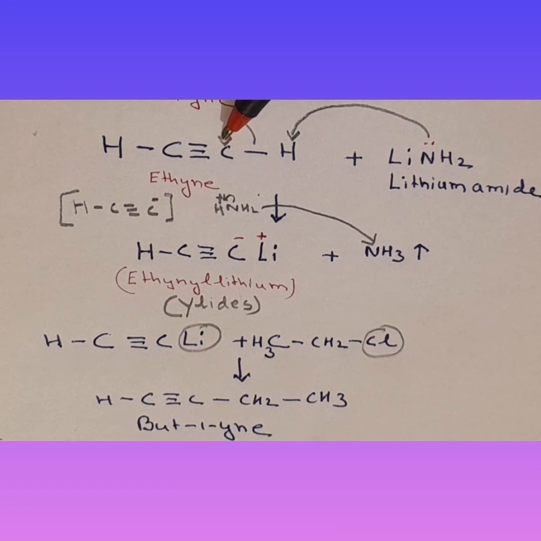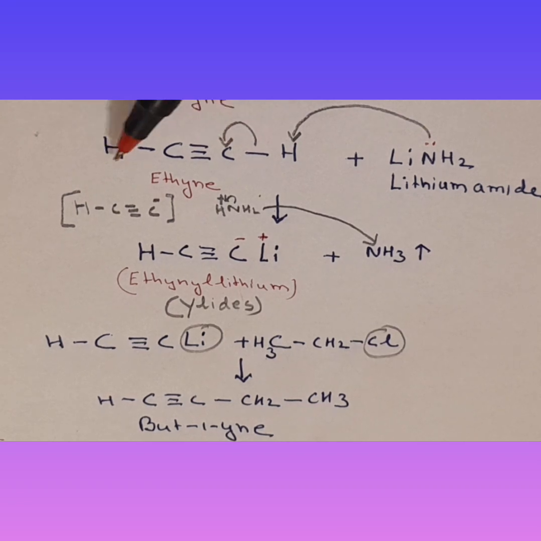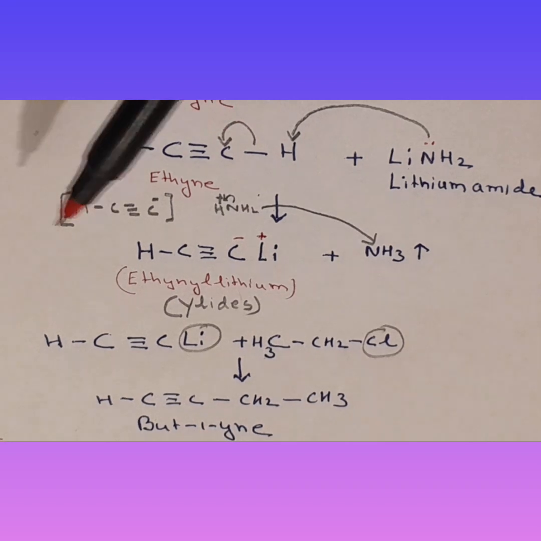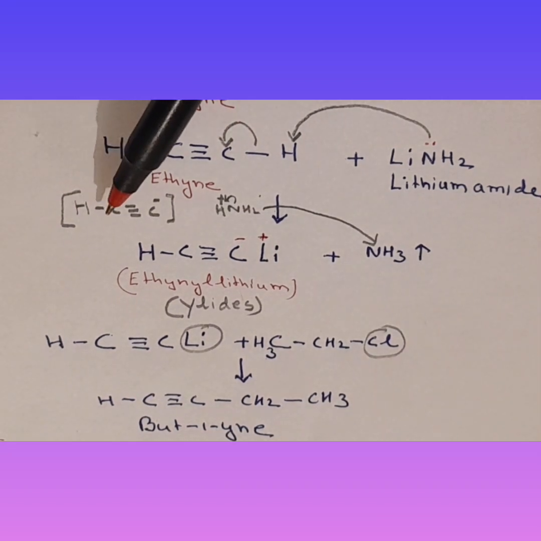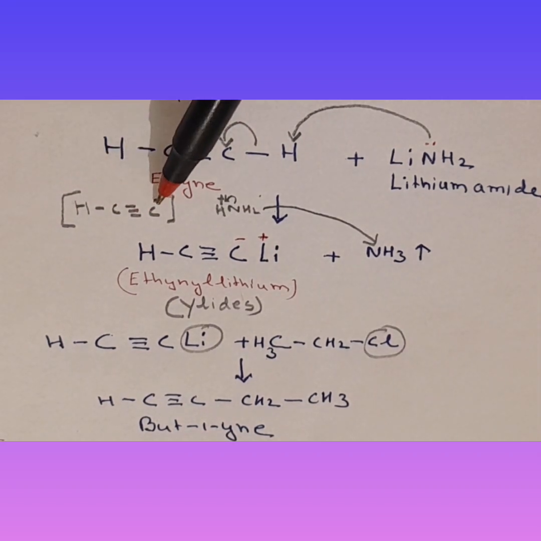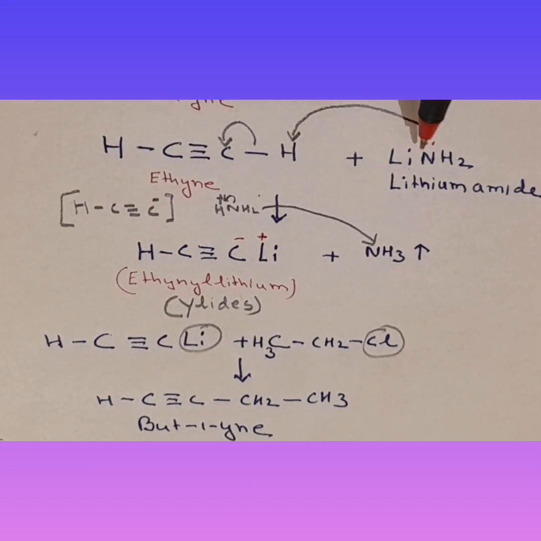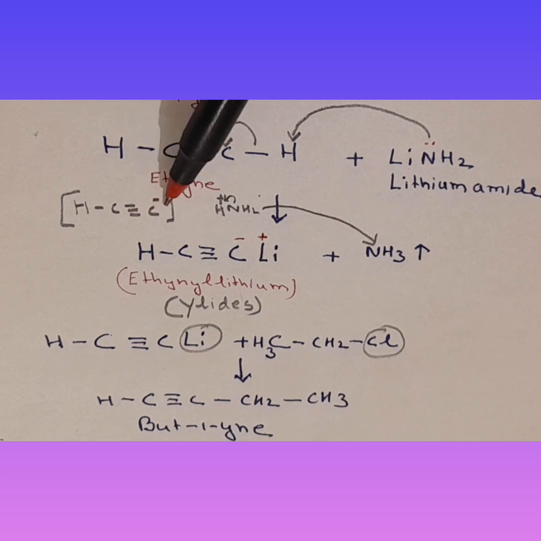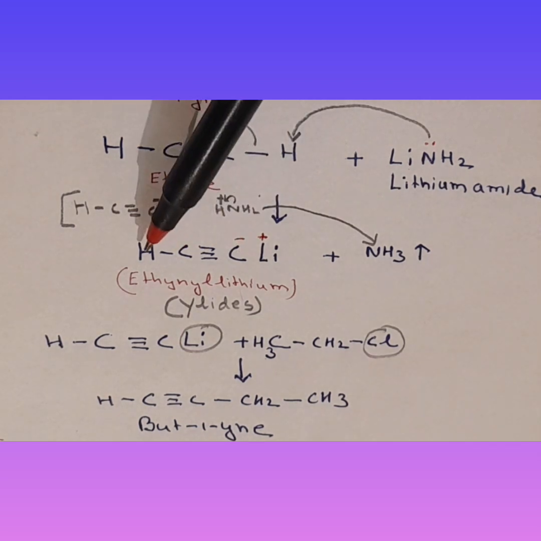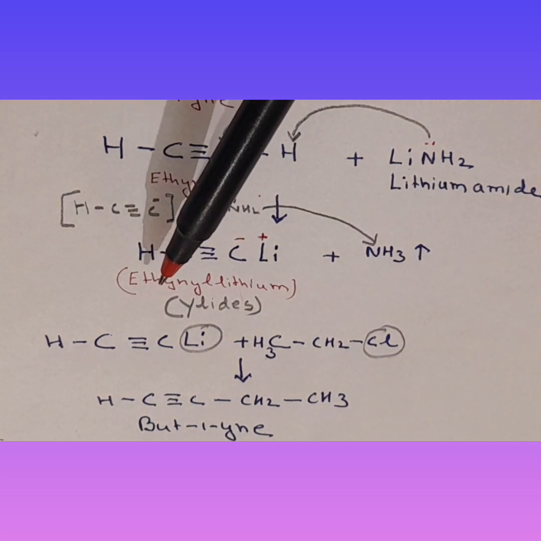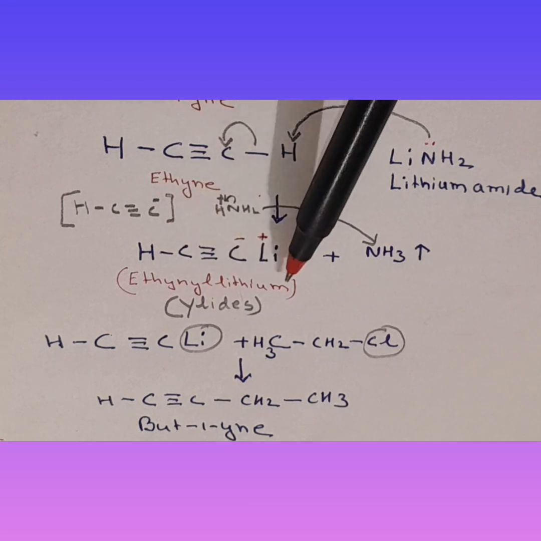As a result of that, this forms HC triple bond C, C minus. It is absolutely unstable. Now this is negative. Lithium, highly electropositive, combines with this to form ethynyl lithium.